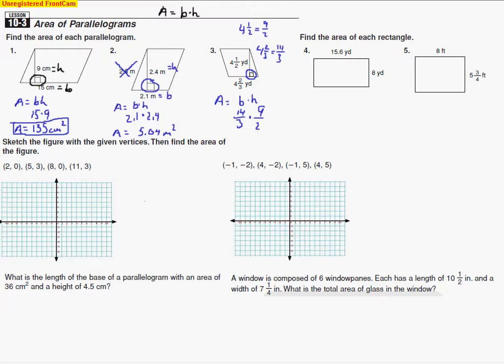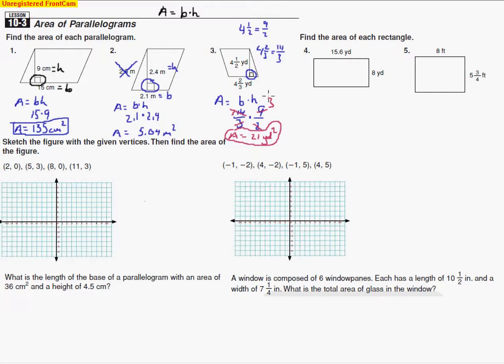See if you can reduce the fraction at all. You see how 3 goes into 9 3 times, and 2 goes into 14 7 times. So you multiply across, and we have our area as 21 yards squared. That is our answer. Everything canceled out in the denominator, so we just had the numerator left over.